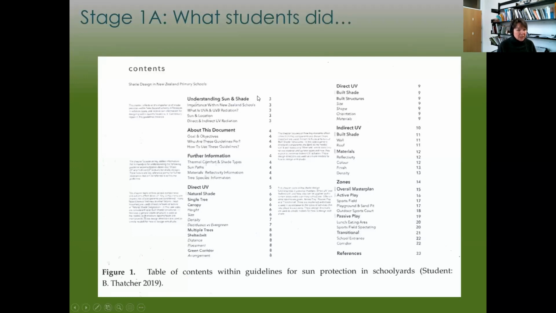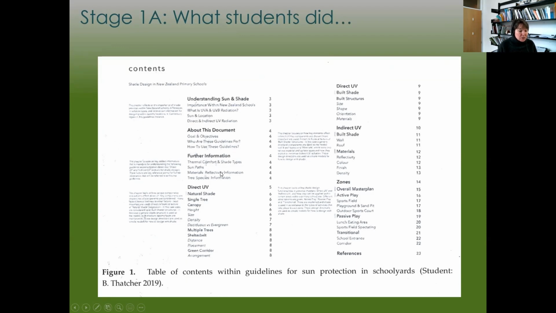So this is just an example of a table of contents. It covers all the different aspects. They had an initial section on understanding sun and shade, its importance, the problem, skin cancer, etc. Goals and objectives of the document, who the guidelines are for, how to use them if you're a practitioner.